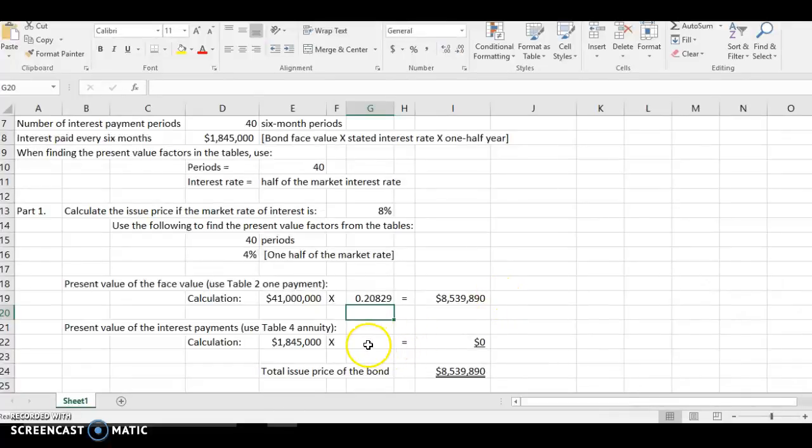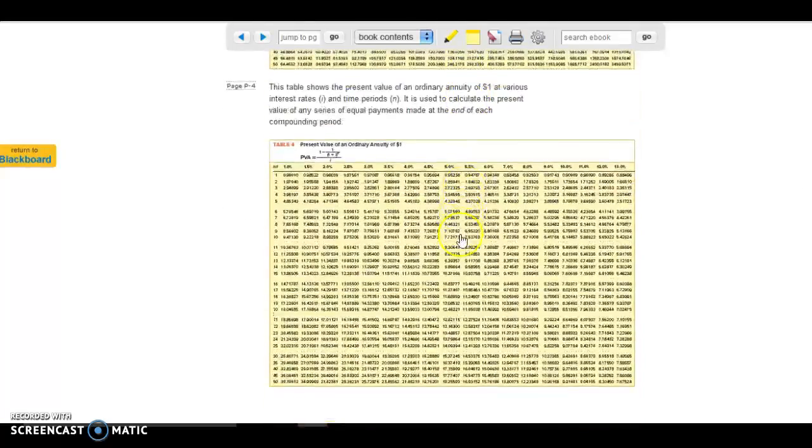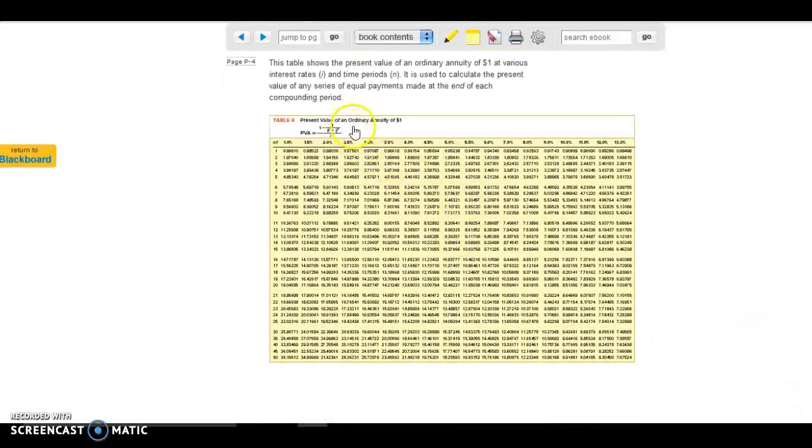The next thing we need to do is find the factor for the payments that are made every 6 months. And even payments in even time periods are called annuities. So we'll need to go to a different table. So back to your tables, we will need table number 4, present value of an ordinary annuity of $1.